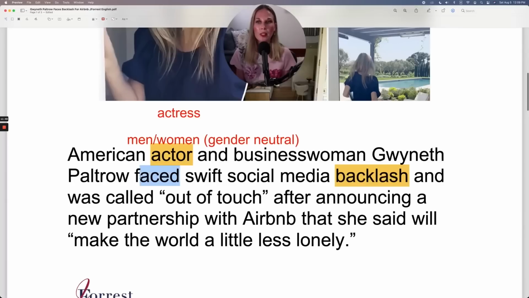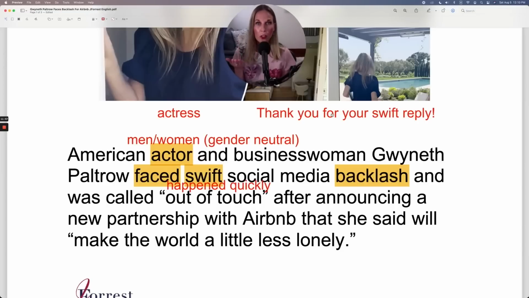Again, remember this verb here, face, receive. And now swift. If something is swift, it means it happened quickly. So as an alternative, you can say thank you for your swift reply instead of thank you for your quick reply. Thank you for your swift reply. So now you've added that to your vocabulary.